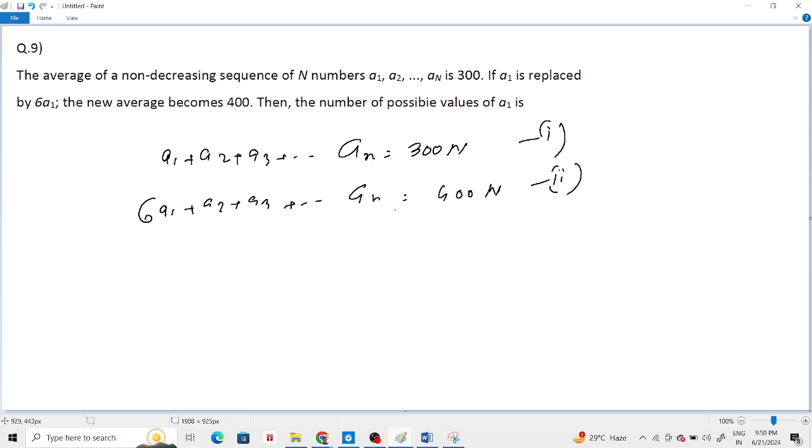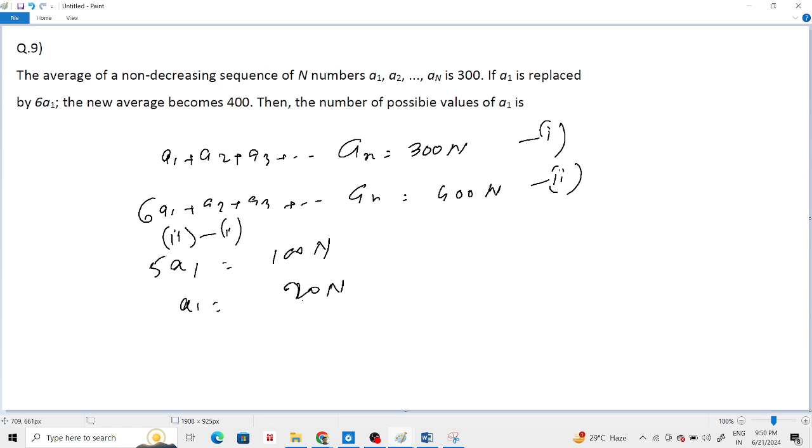If I subtract these two, I will get what? I mean, if I do 2 minus 1, ঠিক আছে, কি পাবো? This one minus this one, so 5a1 is equal to 100n, that is a1 is equal to 20n.